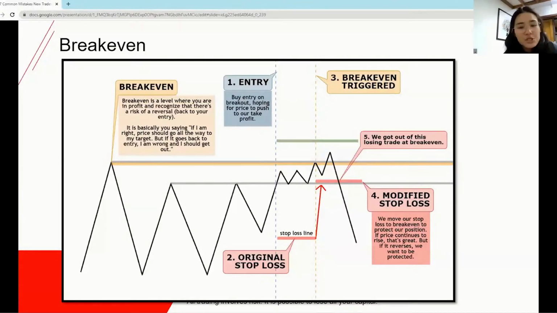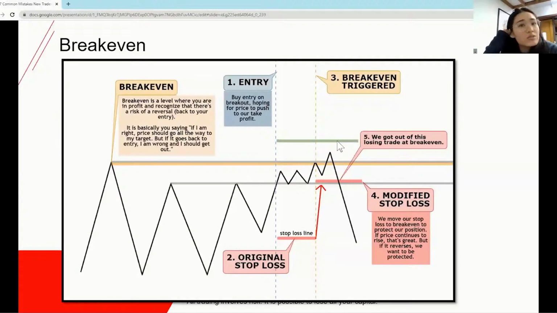So here we have an entry at the breakout of the multiple swing high resistance level, where we are hoping for price to push to our take profit. Our take profit is here at the green highlighted area.